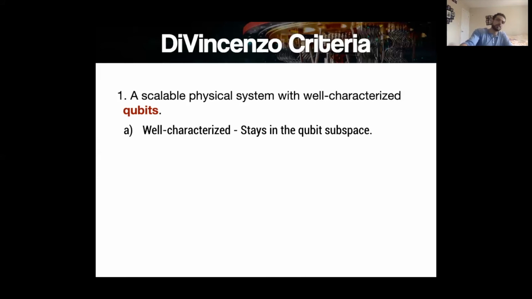I want to pick 2 of those states to make it my qubit. Great. Well, what if throughout my computation, it suddenly changes to some other state somewhere else? That's a problem. A well-characterized qubit stays in its subspace that we've defined as 0 and 1.